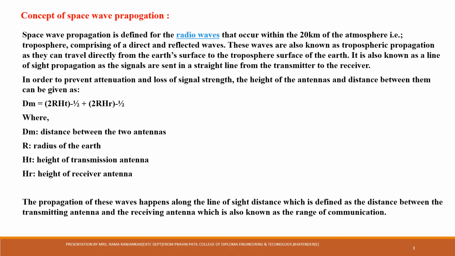The propagation of these waves happens along the line of sight distance, which is defined as the distance between the transmitting antenna and receiving antenna. It is also called the range of communication.